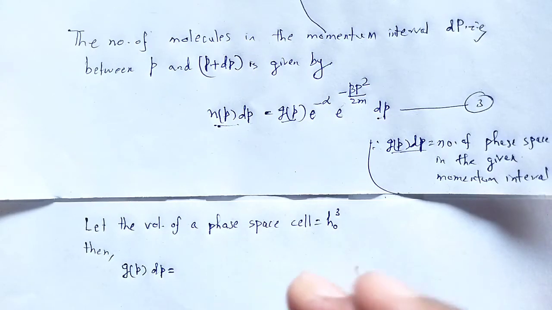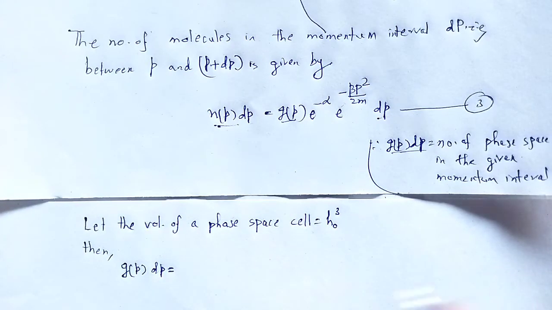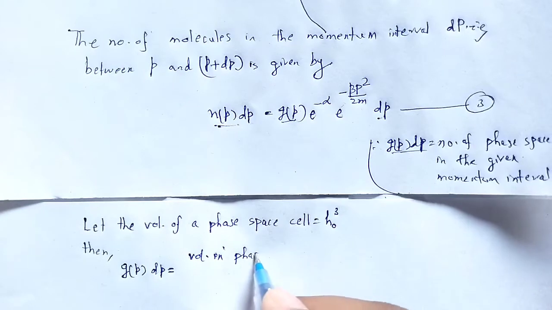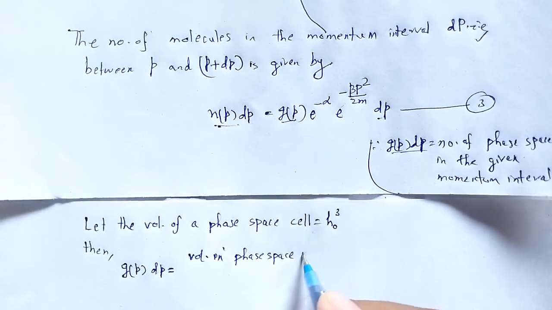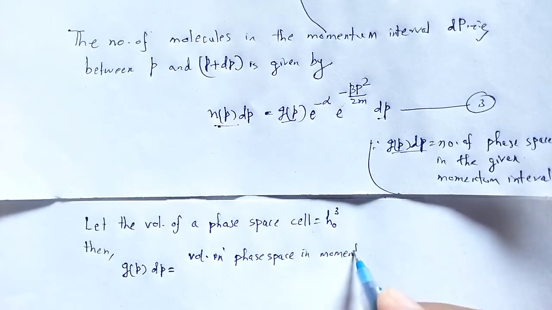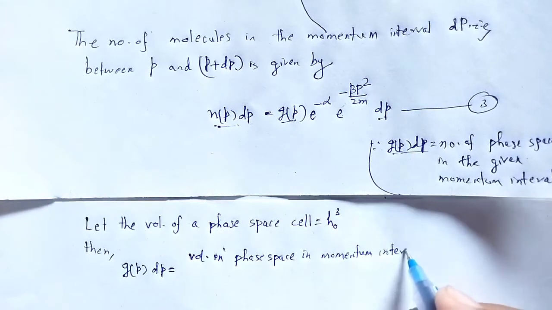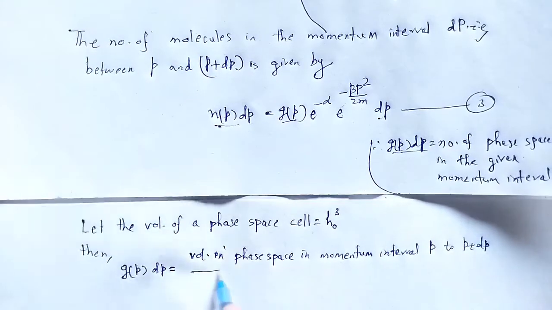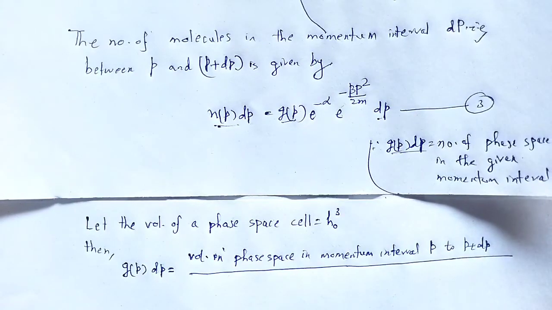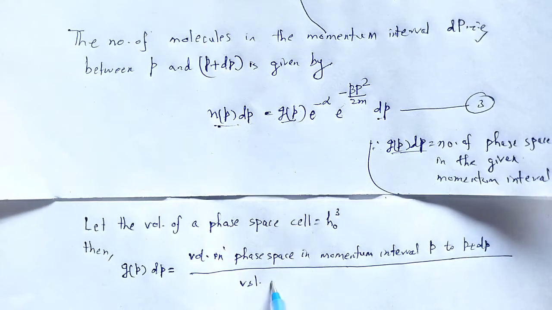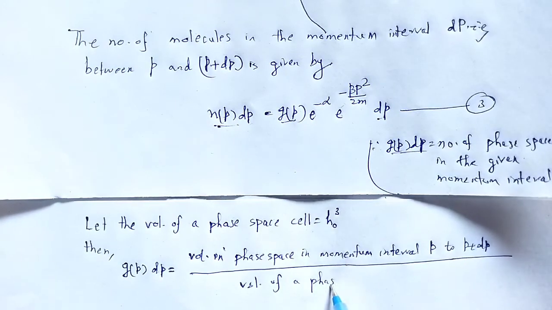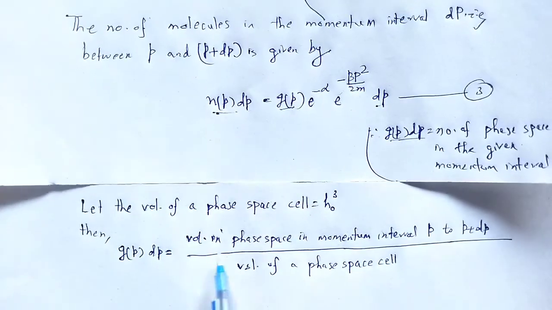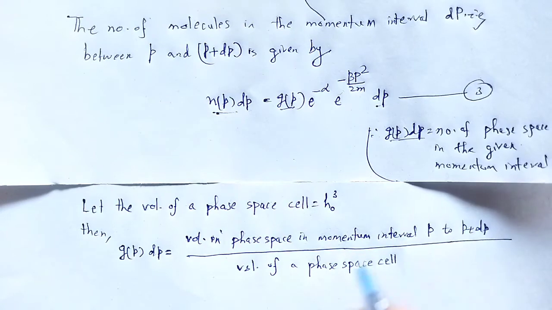So G p dp is the volume in phase space in the momentum interval p to p plus dp divided by the volume of a phase space cell.